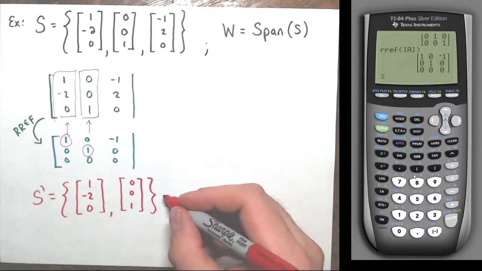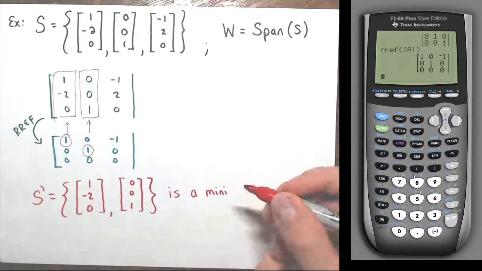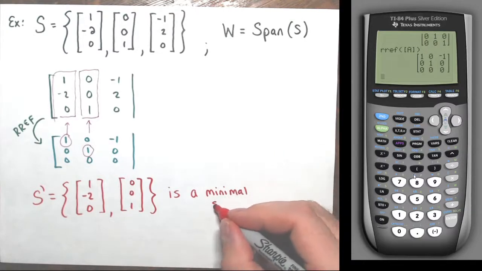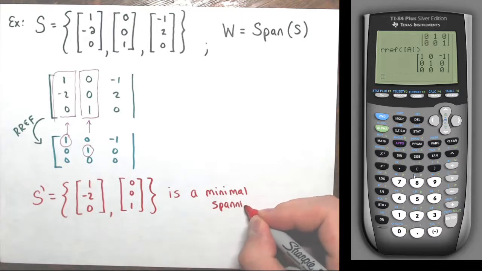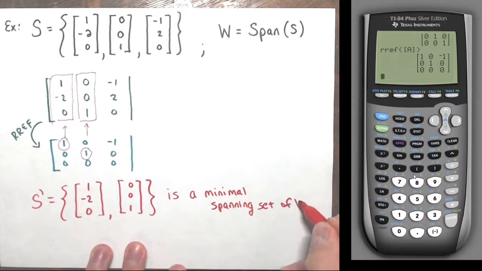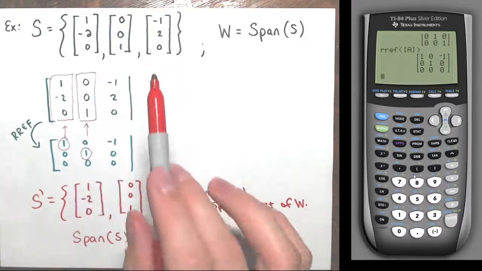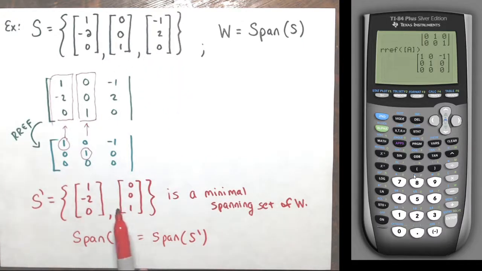So this is a minimal spanning set of W, of the span of S. We could also say that the span of S, the span of these three vectors, will be equal to the span of S prime, the span of just these two. As I was saying earlier, every linear combination of these three can be written as a linear combination of just these two.